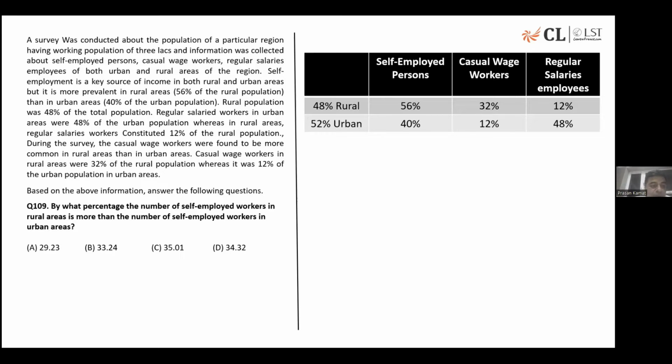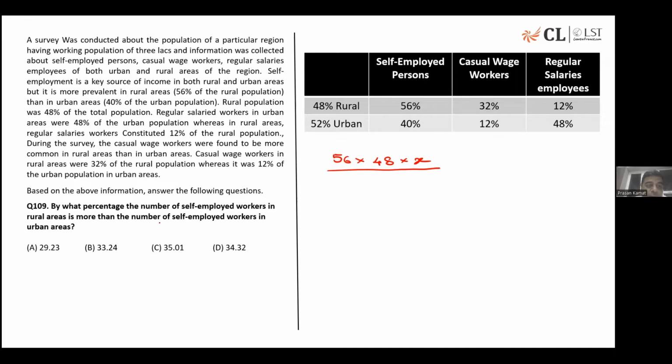Let's start with the first one. By what percentage the number of self-employed workers in rural areas is more than self-employed workers in urban areas? Now look at the self-employed in rural. It is 56% of 48% of the total, right? The total doesn't matter actually.